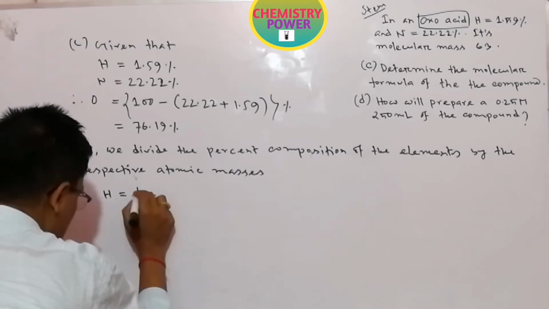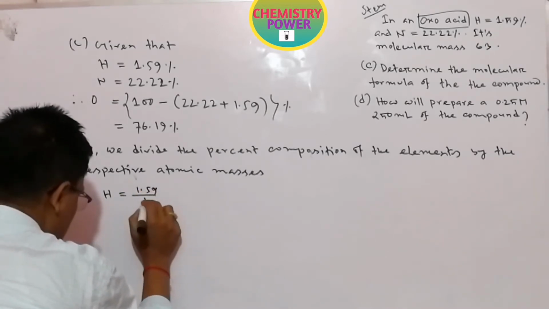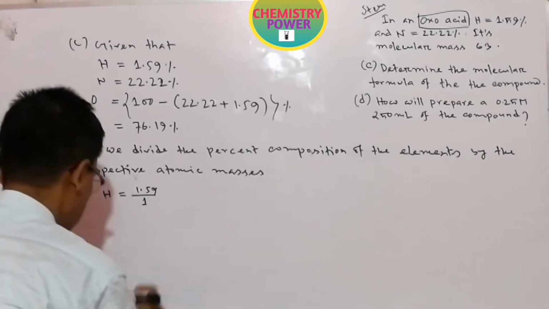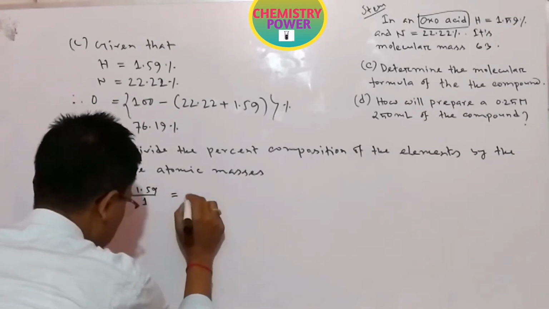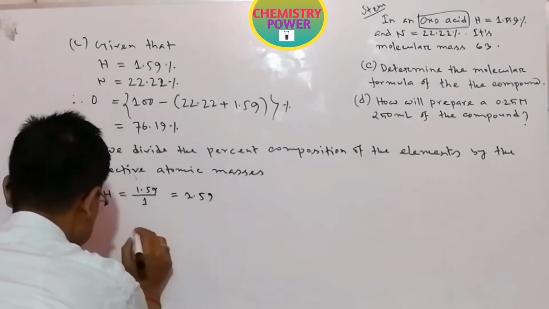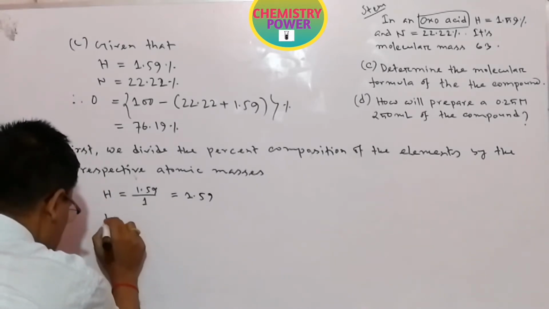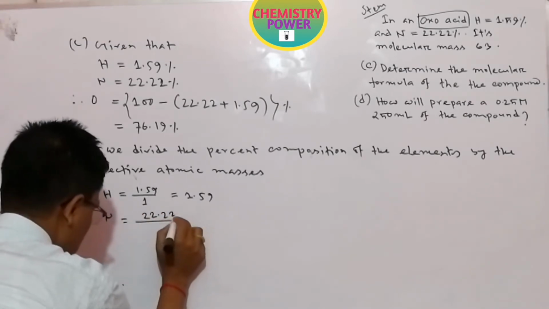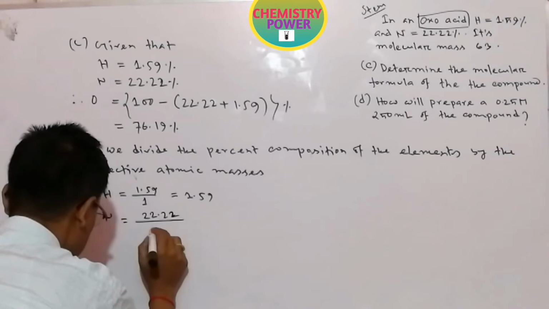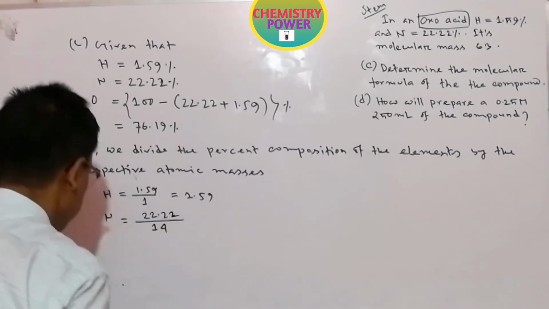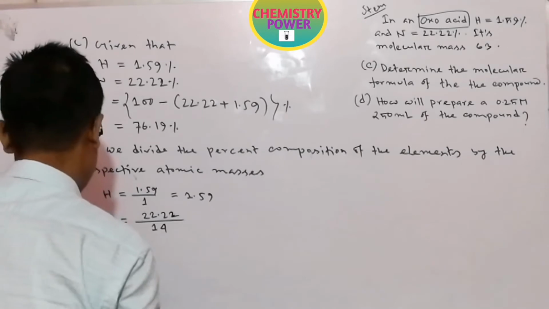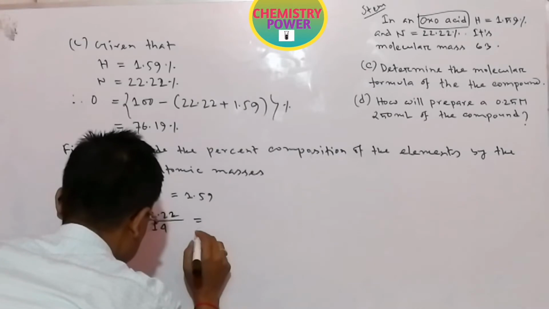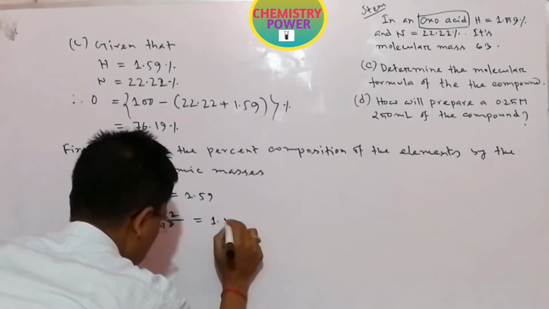So we get for hydrogen 1.59 divided by 1, since the atomic mass of hydrogen is 1, which is equal to 1.59. Nitrogen, 22.22 divided by 14, since the atomic mass of nitrogen is 14, gives 1.59.